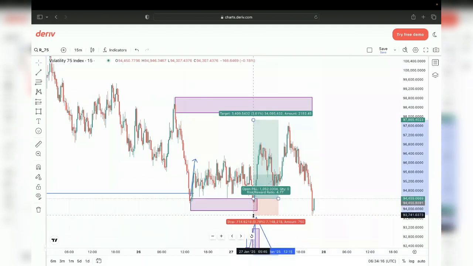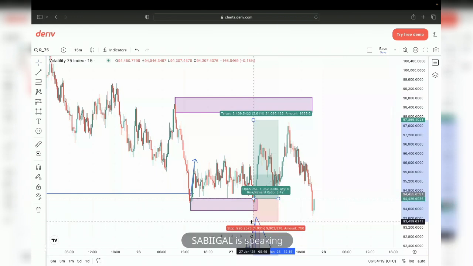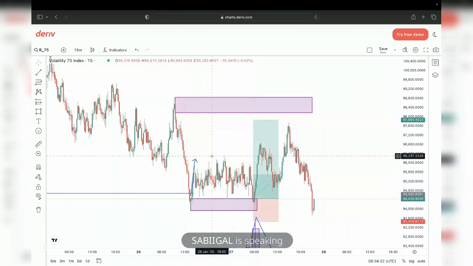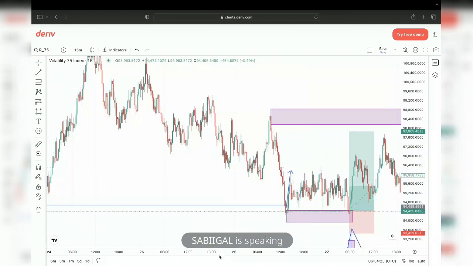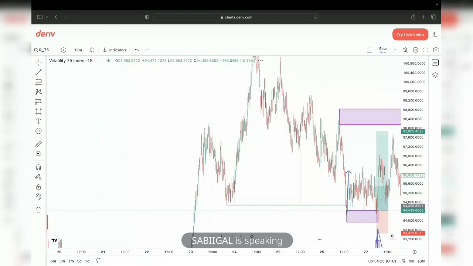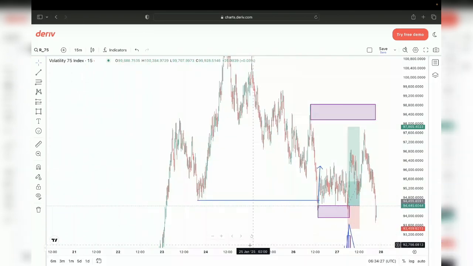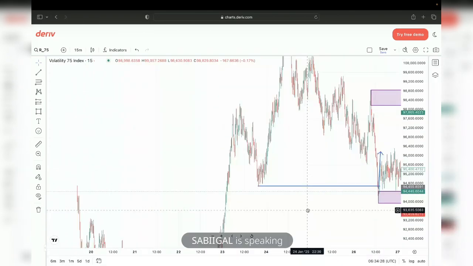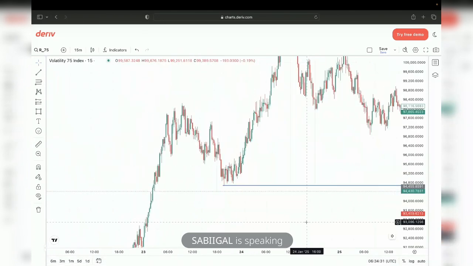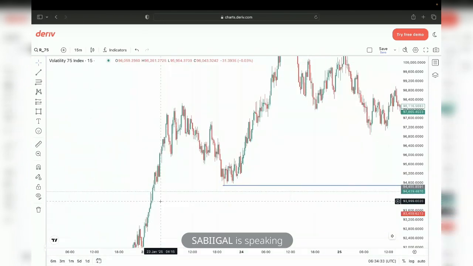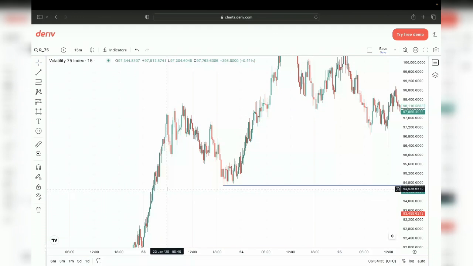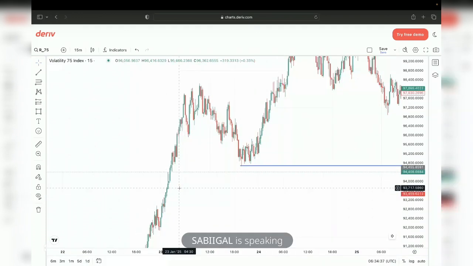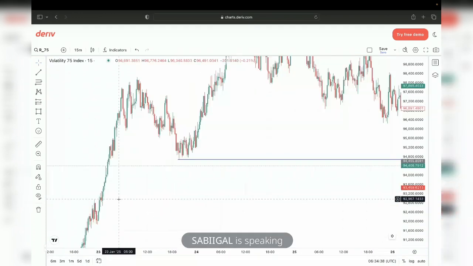Okay, the point of interest got taken out, and then we don't know what it tapped on because there is no valid demand zone here.